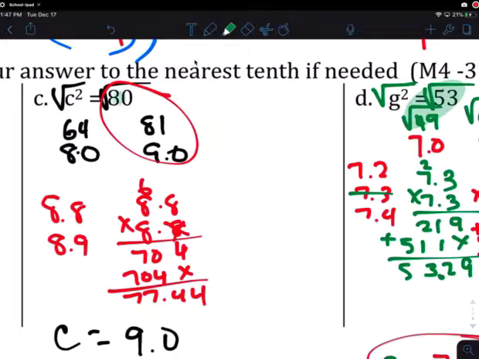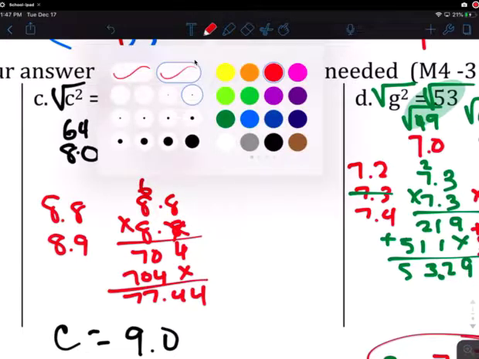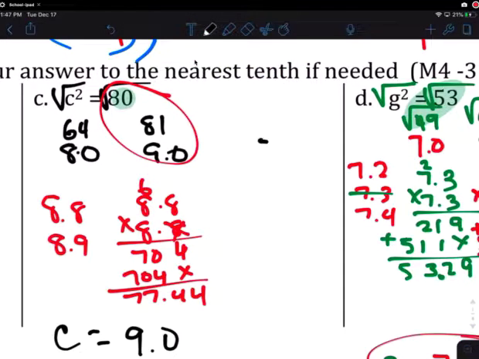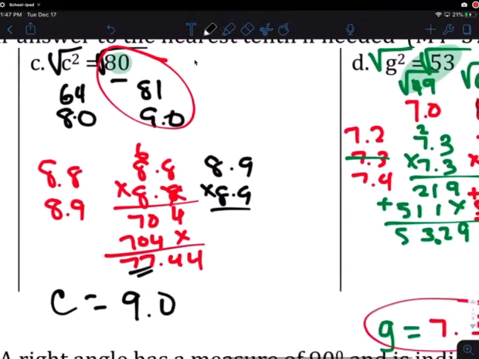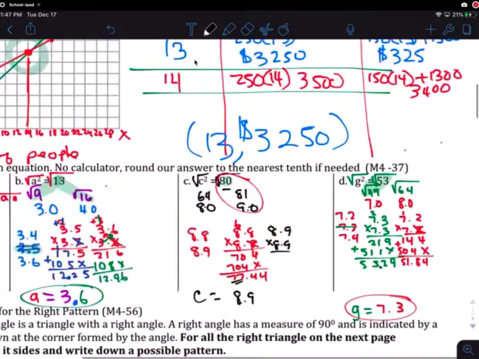It's to 80. It has to be 8 times 9 because it's too far. So C then is not 9.0. It's 8.9. Closest one.